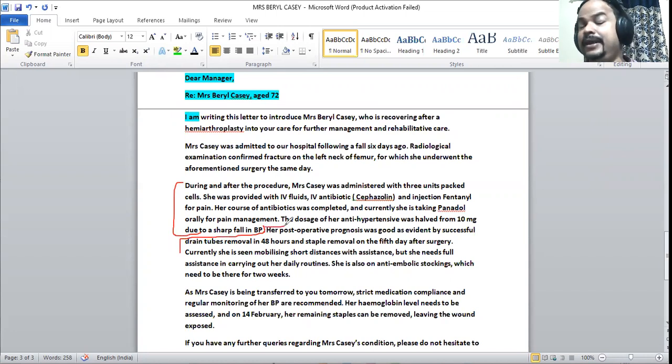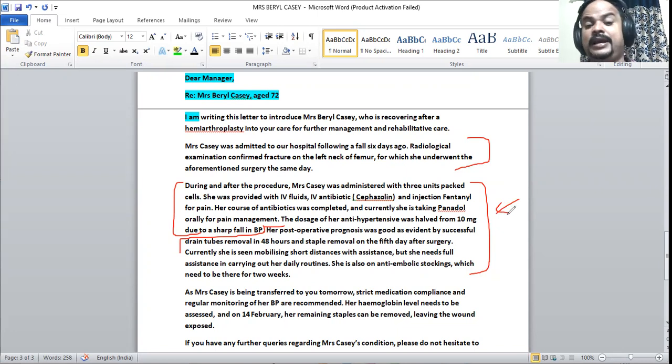This is another area. It is combined. So we have not separated that into, some of the students, they separate it into two paragraphs. Right now we have not separated. So we group this paragraph like what all we have done after the surgery. So what is the reason for the surgery? After the surgery, what are the things we have done? This is what we have categorized in this paragraph.